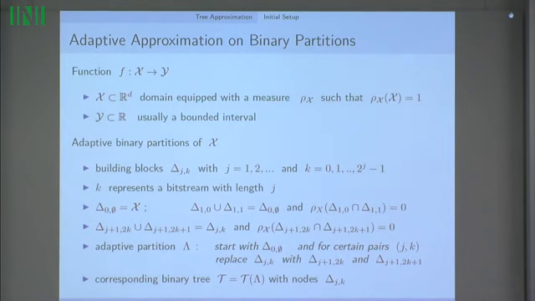So in general, we'll consider a function from x to y, and x is a domain equipped with some measure. We assume that the measure is 1. This is the probability measure. And we want to have adaptive binary partition of x.